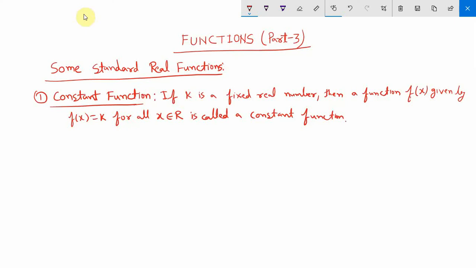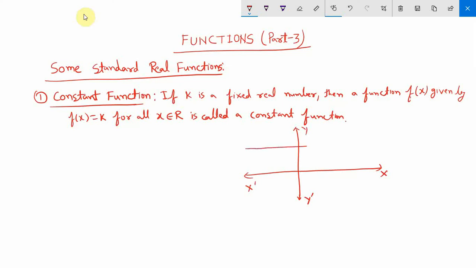Okay. So y equal to k. So if we try to represent this on graph paper, if it is the xy axis, this is x dash, y and y dash. Okay. So f(x) equal to k.